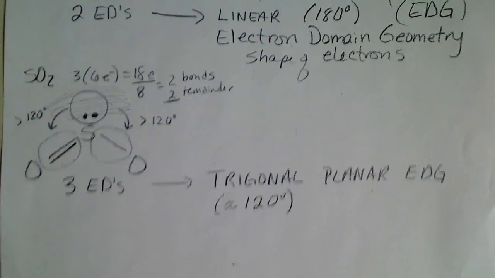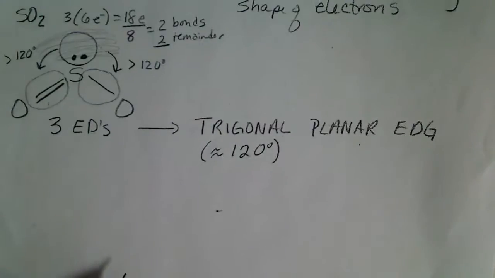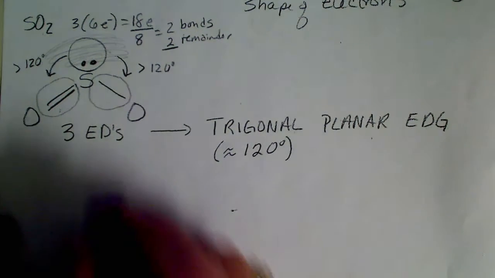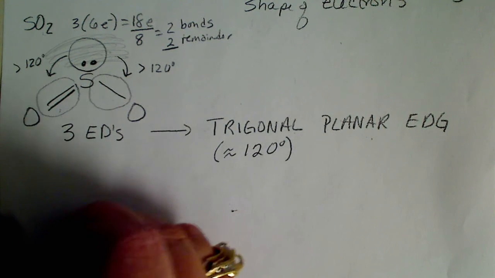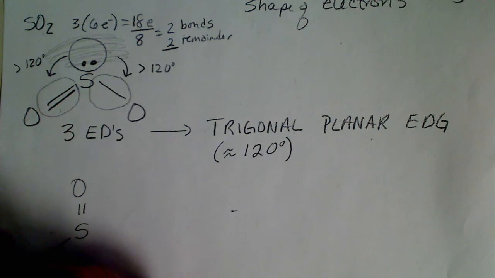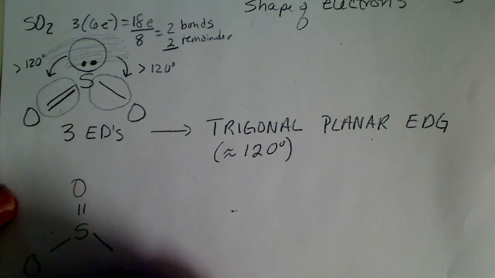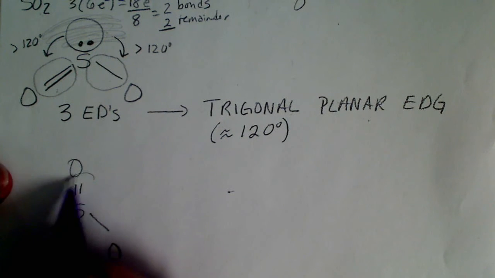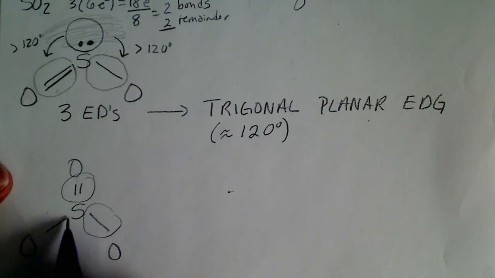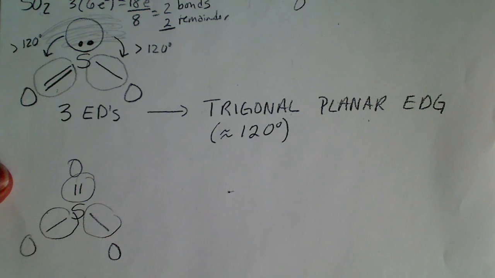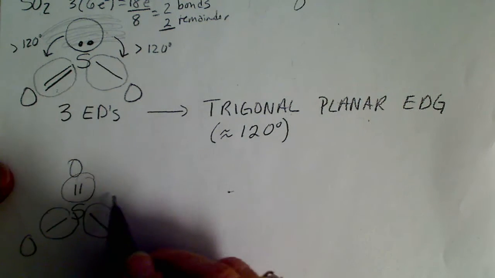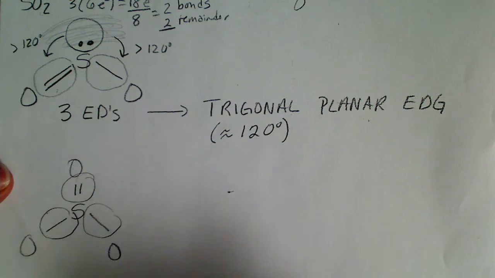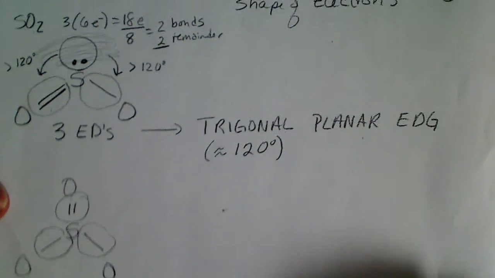We have also drawn SO3. And so when we drew sulfur trioxide, we ended up with 3 resonance structures where the double bond alternated. This structure also has 3 electron domains. Okay, so this would also be trigonal planar electron domain geometry.